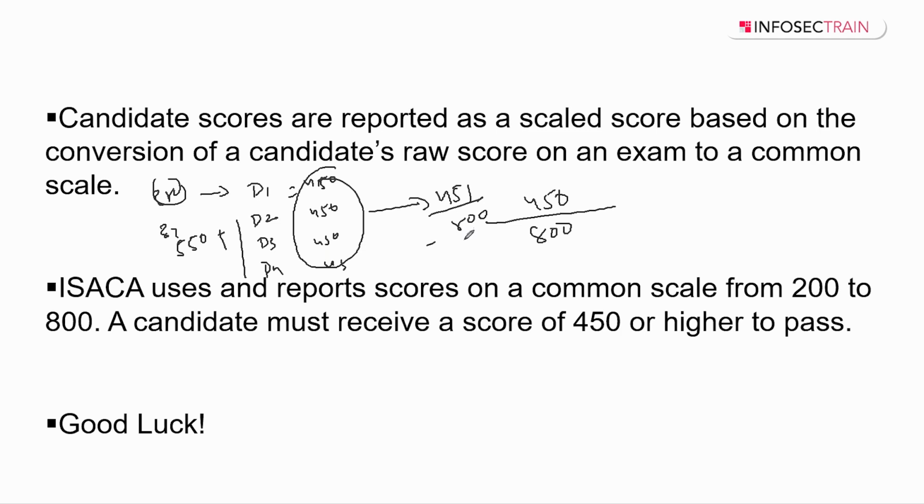800 represents the perfect score, which means you answered all the questions correctly, and a score of 200 represents the lowest score possible. When you finish the exam, immediately you get a result whether you pass or fail. They will say your interim result is pass.